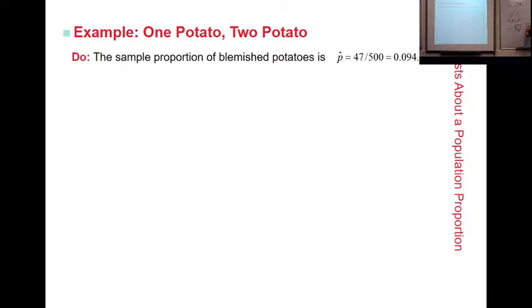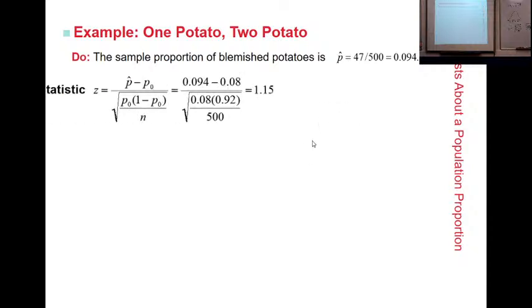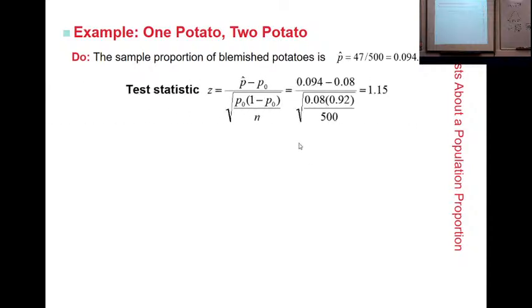N was 500. And then we're going to be able to jump straight to our answer, and then give the p-value. So I'll show that in just a second. You're going to see more written down up here than you will need to write down. Formula, plug in the numbers, answer.